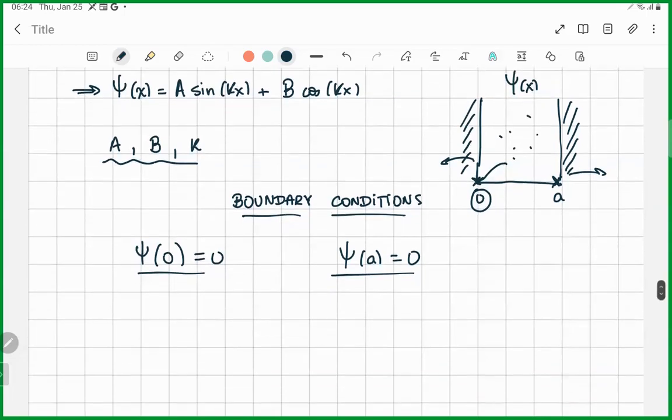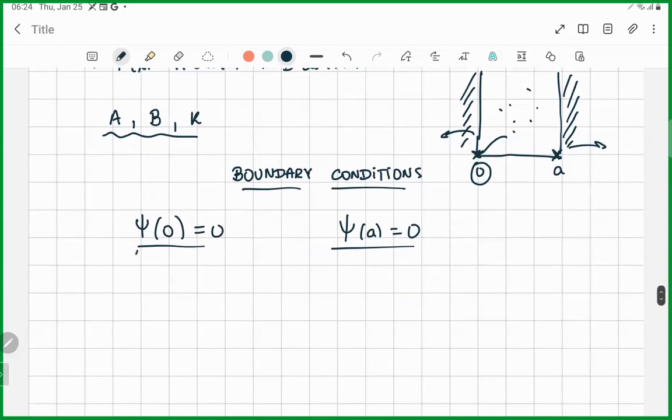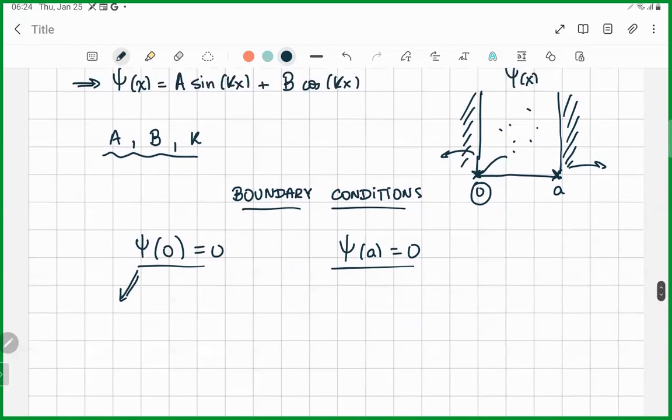Okay, so let's start with this one here. At x = 0, the function at 0 is A sine of k times 0, plus B cosine of k times 0. Well, sine of k0 is sine of 0, which is 0, so this disappears.